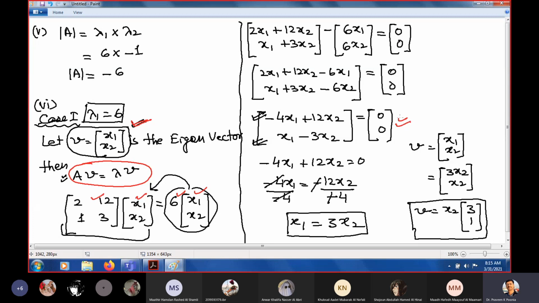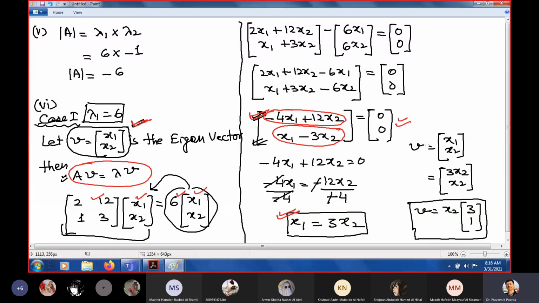You will get this. Now you can take this equation equal to 0 or that equation equal to 0. Both equations will give you the same answer.